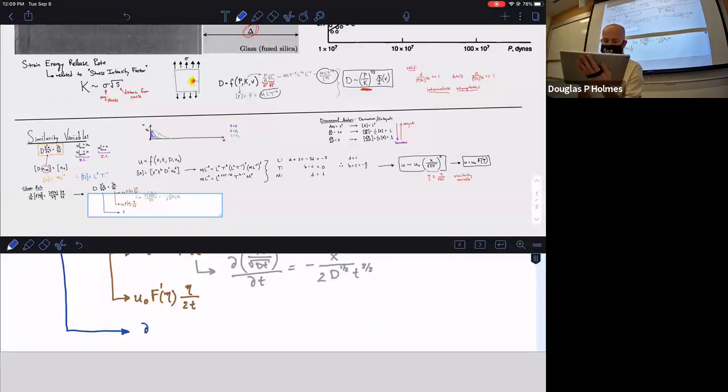So I'll take u naught f double prime of eta times two derivatives of eta with respect to x. That one's a little more straightforward. And I'm left with just 1 over Dt.